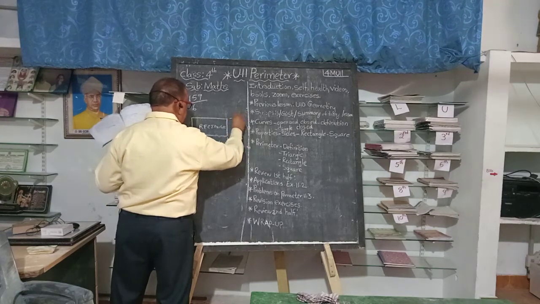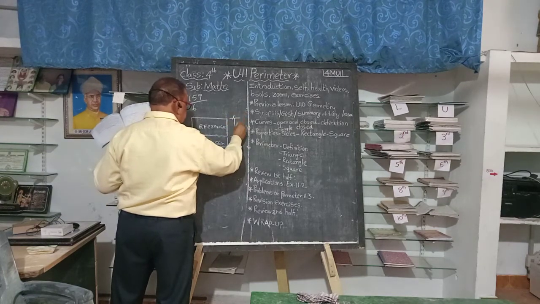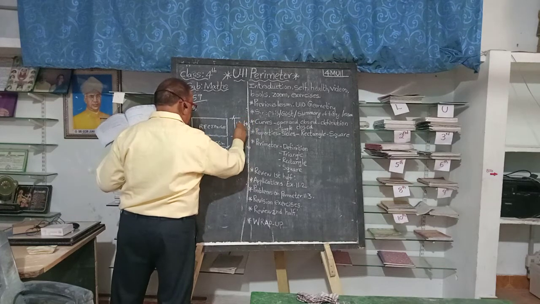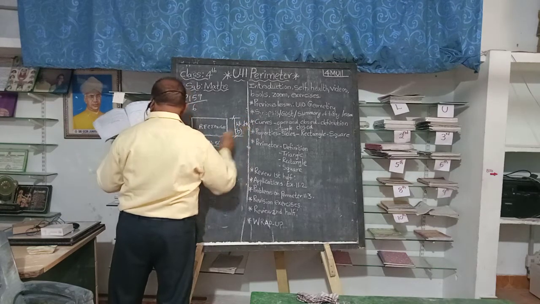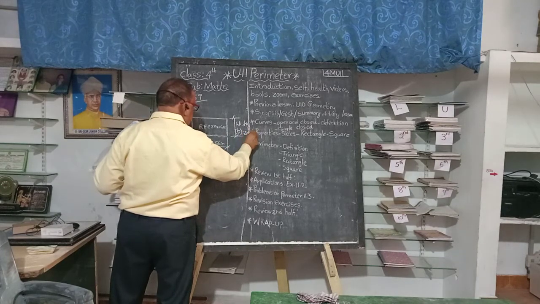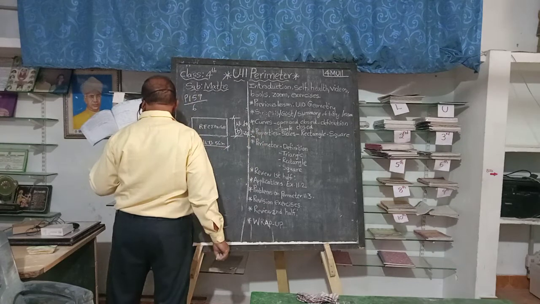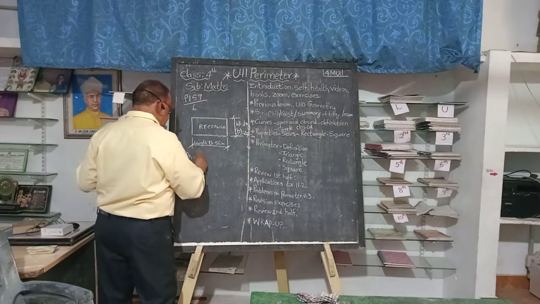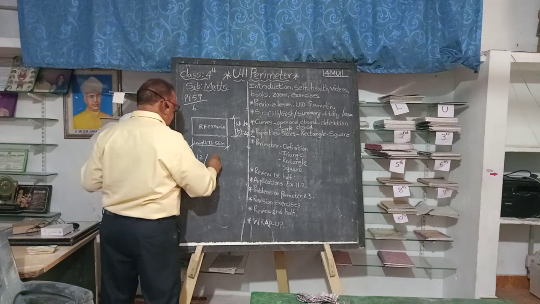And here the width, B is equal to 24 meters. Find the cost of fencing at the rate of rupees 12 per meter.